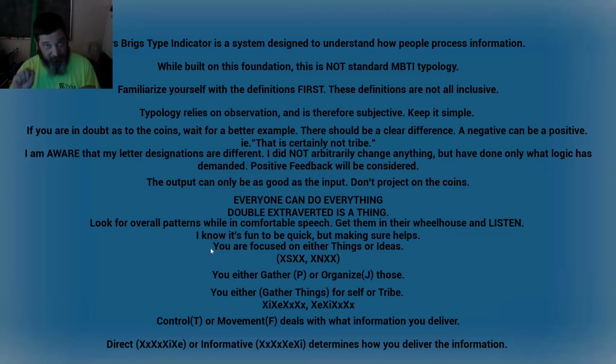I changed a very little bit of anything. I just shifted some things around and made it work better. But the P and the J, the way it's set up, explains things well enough that you can do that. So a gather is a P and an organize is a J. And we'll talk about what that means more in just a minute.